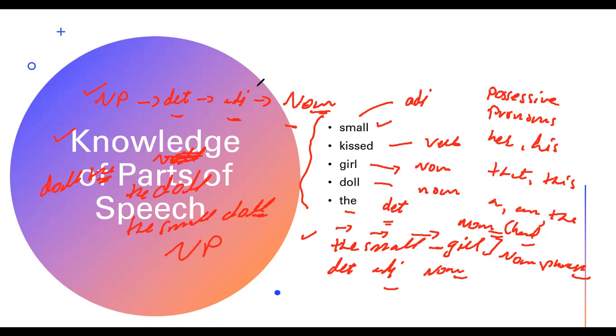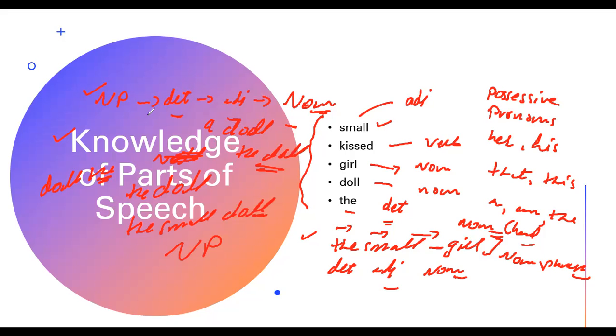For example, if I don't use an adjective and I just write a doll or the doll, it's still meaningful. Is that clear? That means a noun phrase may have a determiner and adjective, or it may not have them, but determiner and adjectives have to have a noun in the noun phrase.